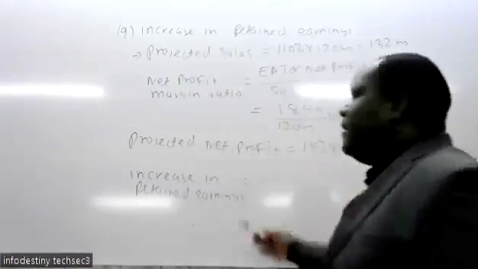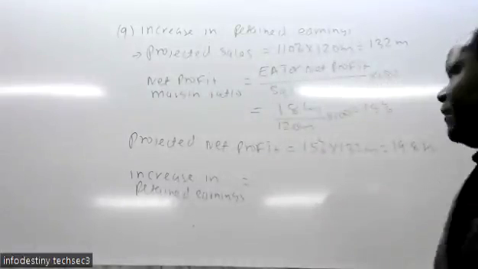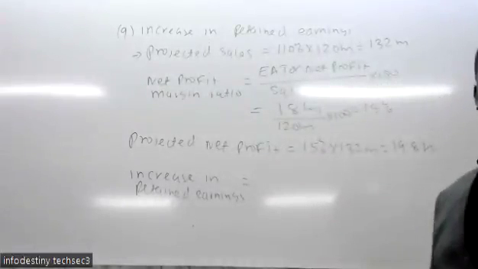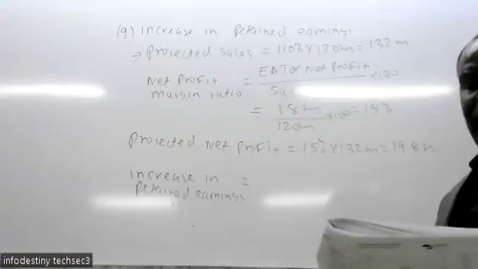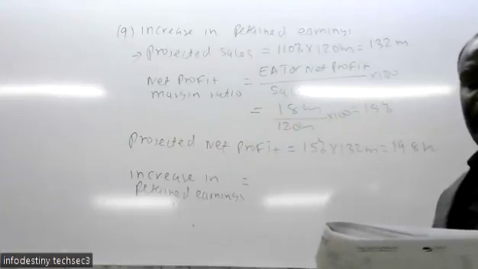To get the increase in retained earnings, simply take the dividend payout ratio. What percent did they give us? Are you able to see the dividend payout ratio in note number 4? It is 80%.